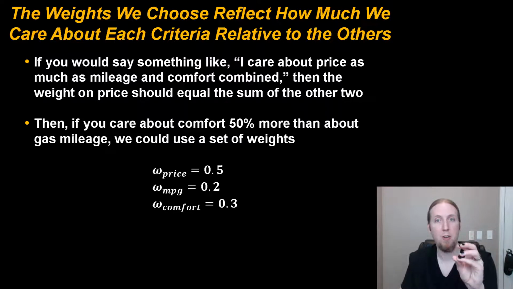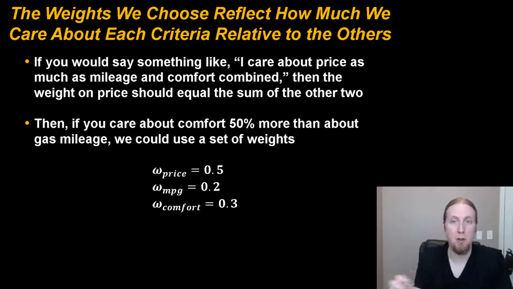So we would look at our first statement that says, I care about price as much as mileage and comfort combined. And that tells us omega price equals omega miles per gallon plus omega comfort. Then we have a statement that says we care about comfort 50% more than gas mileage.